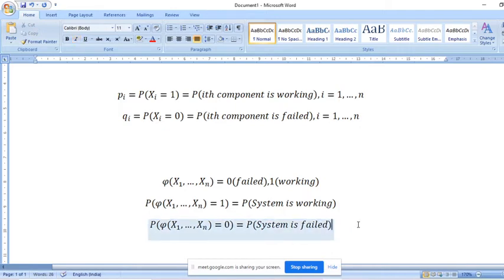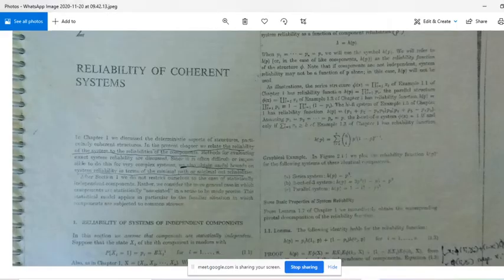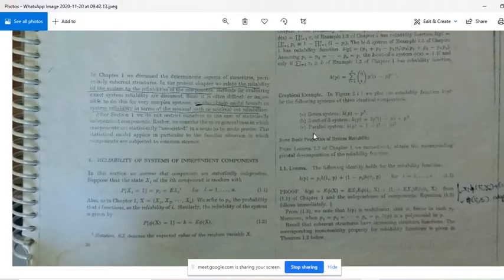So there are two probabilities at the time of inspection: either the system will be in a working or in a failed state, and we can associate the chance for the working and failed states. So we have four probabilities: pi, qi, the probability of phi of x equal to 1, and the probability of phi of x equal to 0.